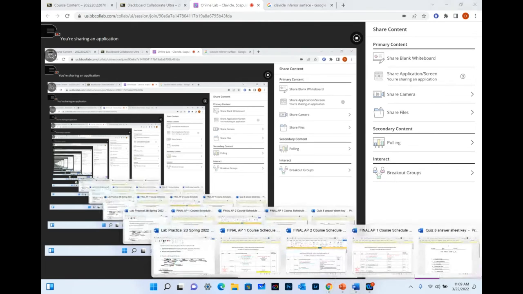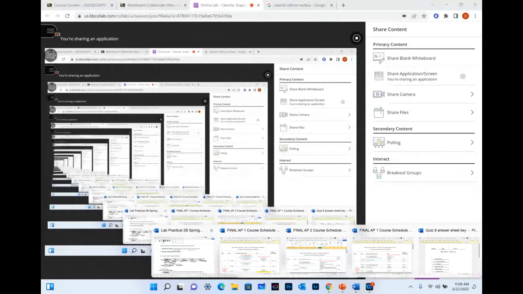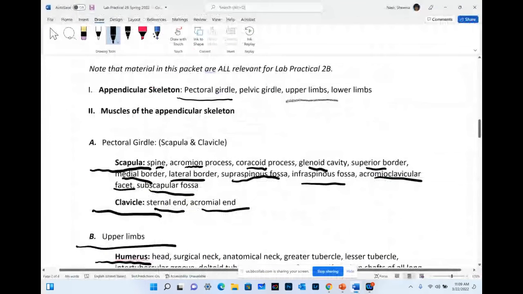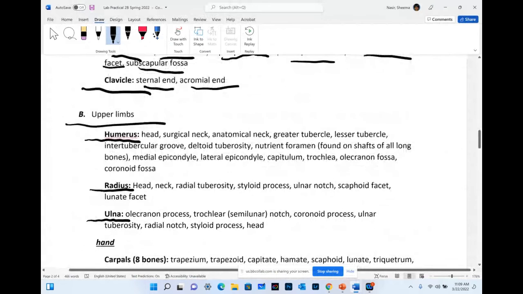So let me go to the humerus. Now I'm doing humerus first because look at humerus. It has a lot of stuff. Radius and ulna does not have much. So let's finish the difficult ones. Easy ones are easy.